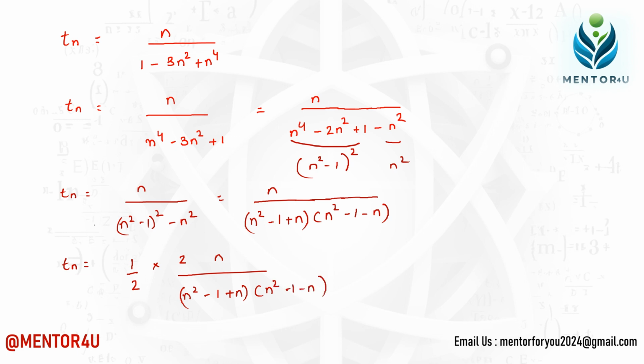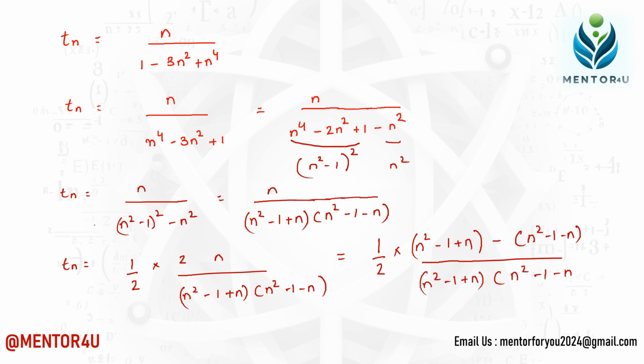Now we can write that 2n as n square minus 1 plus n minus n square minus 1 minus n, whole divided by n square minus 1 plus n multiplied by n square minus 1 minus n.